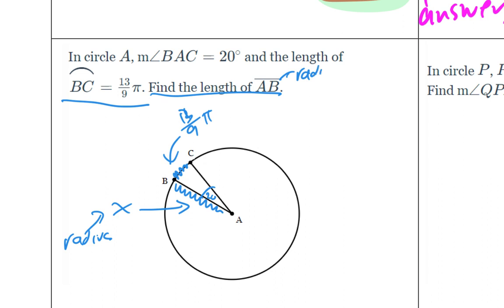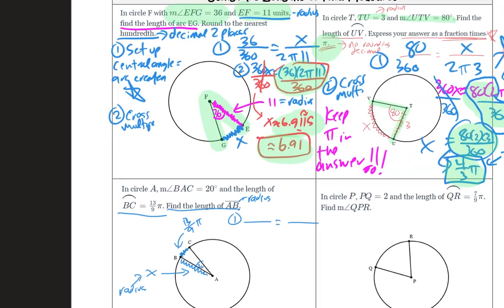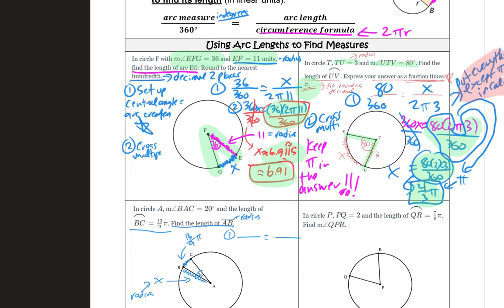Okay, so we just have to substitute it in. So first step, we're just going to set it up, right? We said the first thing we put over here is the arc measure, right? Well, if this is 20 degrees, that arc measure, I know the length is this, right? But the measure of it is going to be the same thing as that, the degree measure.